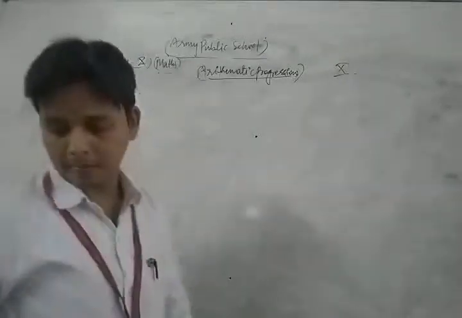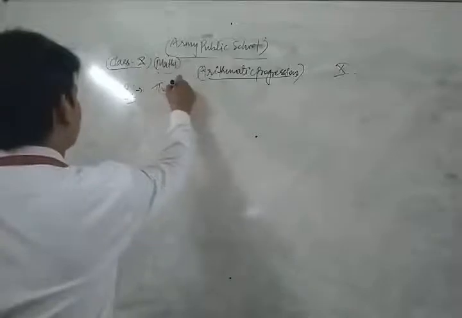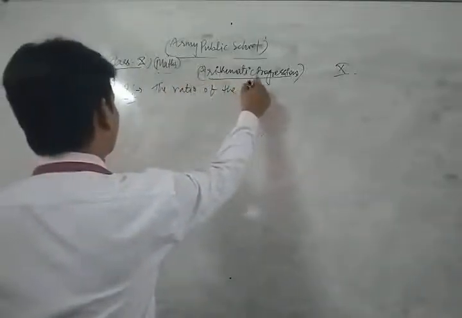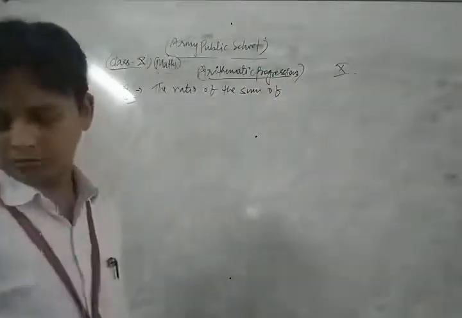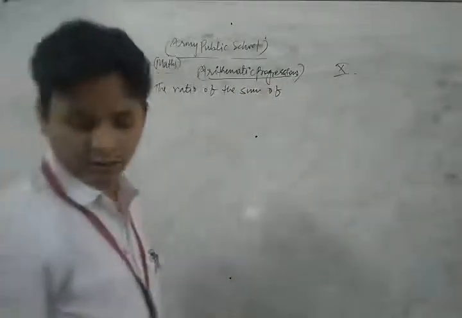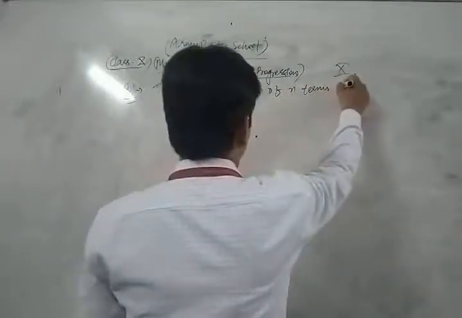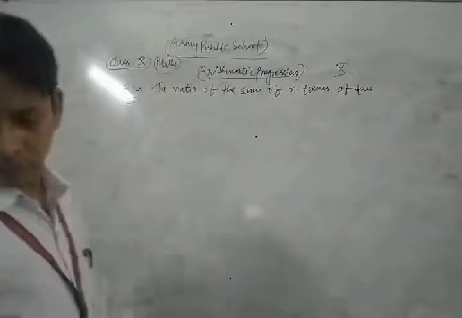And the question is: the ratio of the sum of n terms of two APs is 7n plus 1 to 4n plus 27.